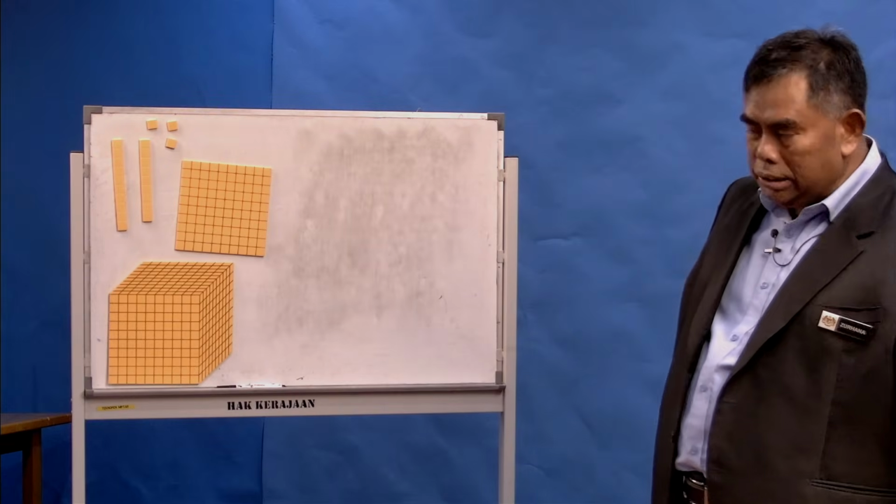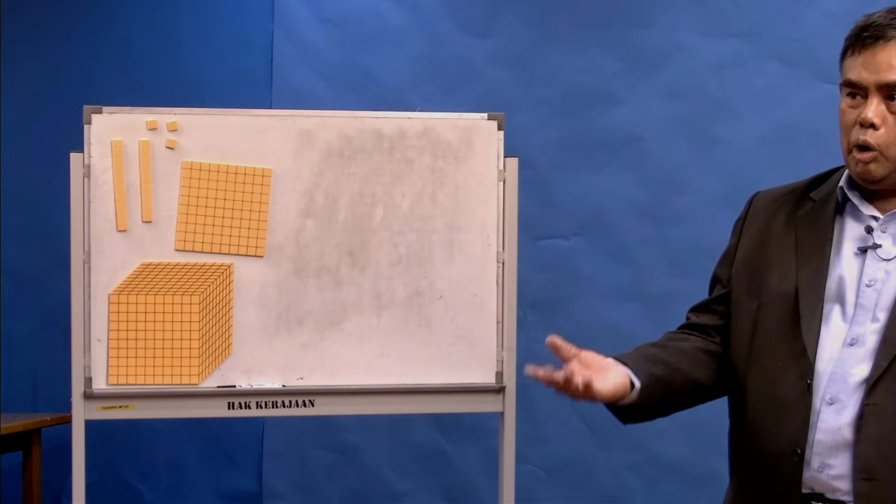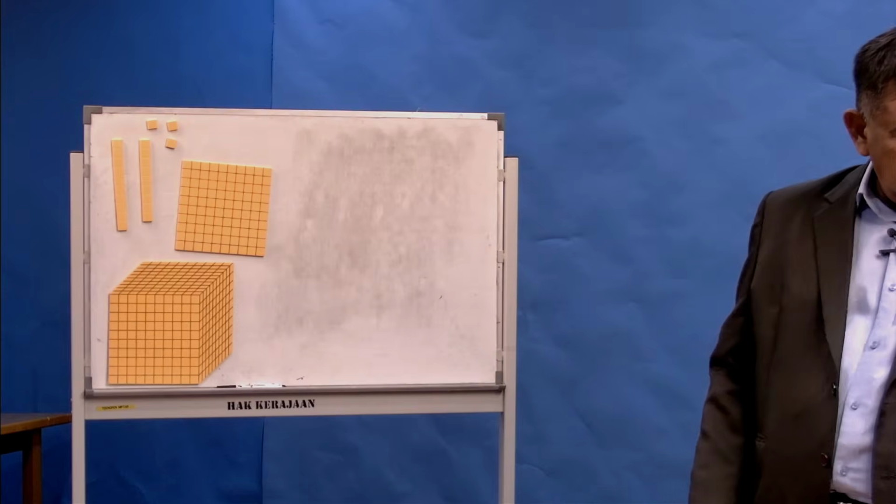So the fraction is also a number, but we will discuss fractions in another workshop. So this is how we develop the number concept from counting. We can write here: counting. So we start like this, using this.